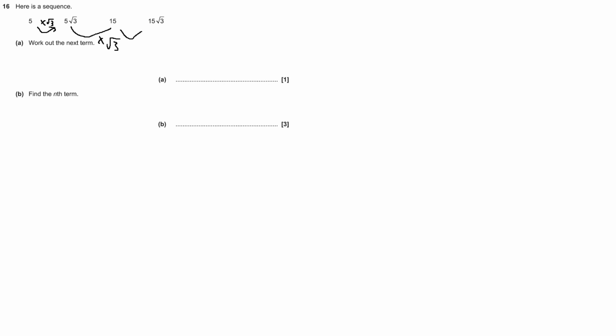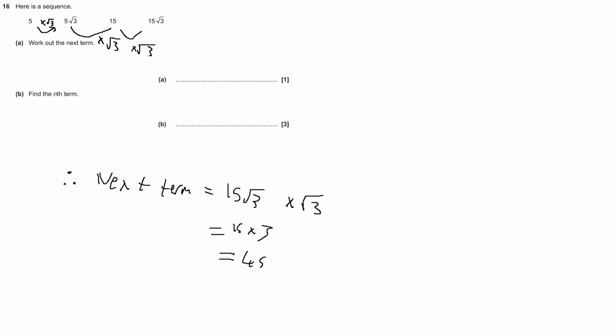And also here we're timesing by root 3. And so therefore, the next term will simply be 15 root 3 times root 3, which is the same as 15 times 3, which is equal to 45.